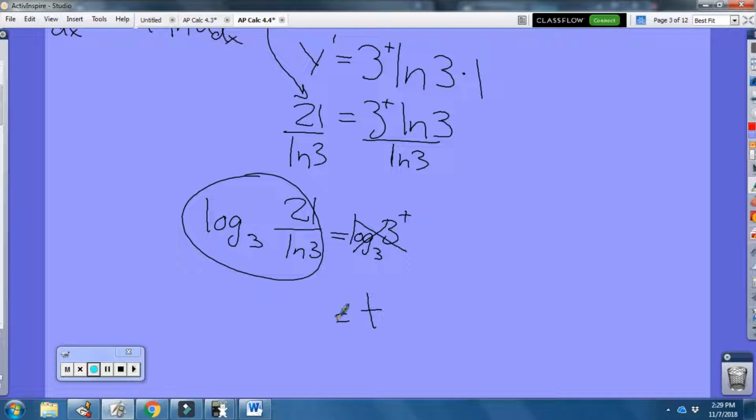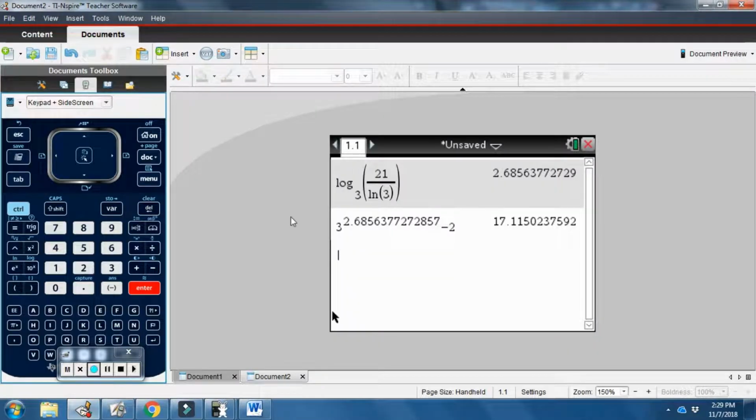Now, if you're using my calculator, the TI-Nspire, it will do this for you. You can see I was practicing this lesson beforehand. You can just type in log base 3, which is right here. And then we type in 3. And then I'm going to make a fraction, control divide, 21 over natural log of 3.